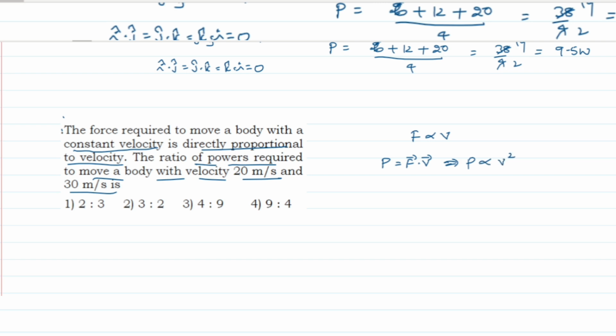Then the ratio of the powers, P1 by P2, is V1 square by V2 square, which is 20 whole square by 30 whole square, which gives 4 by 9. So 4 by 9 is the correct answer.